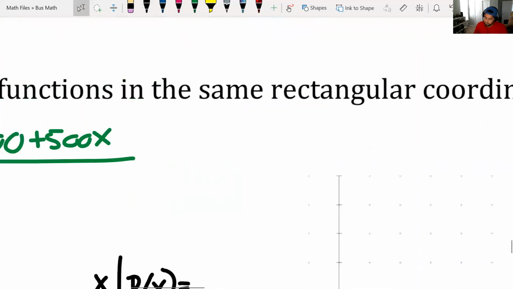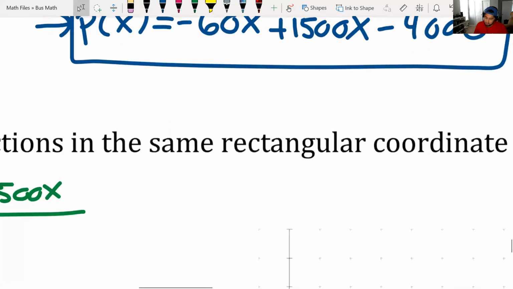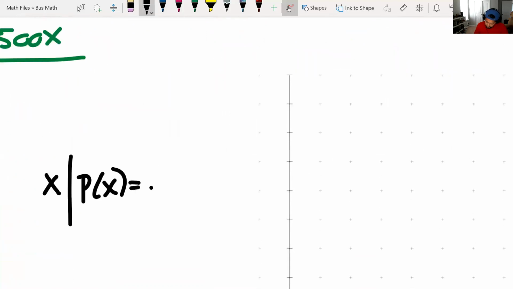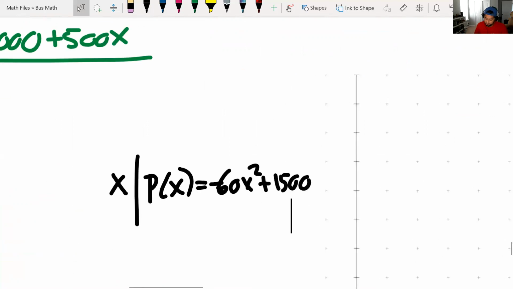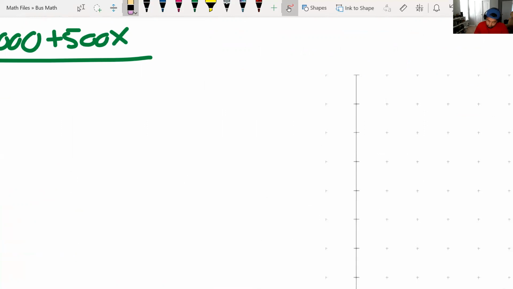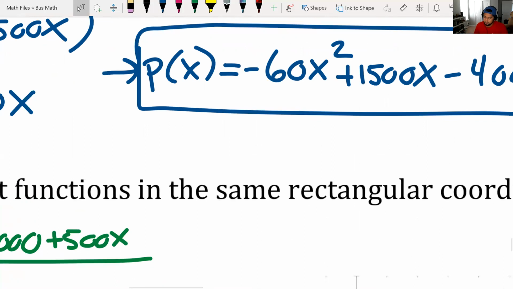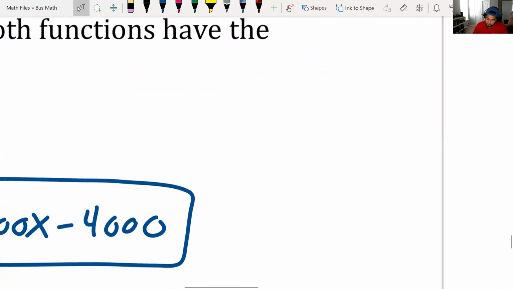What's profit? Negative 60x squared. Nope, that's not going to fit. One moment. We'll just make the XY chart up here for it. Why not?